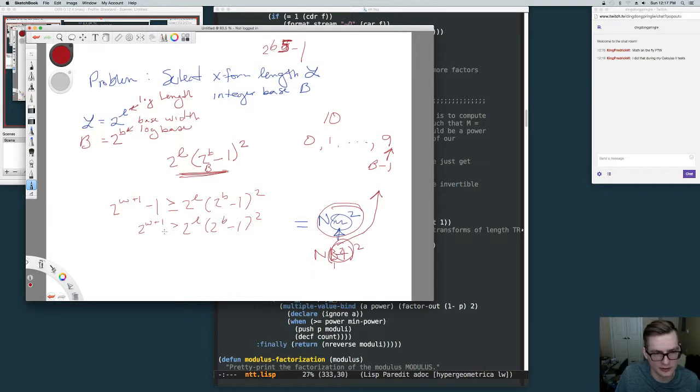So to make this inequality simpler, we're going to rewrite it as 2 to the w plus 1 is greater than 2 to the L times 2 to the b squared, which is 2 to the 2b. When we log both sides, we get w plus 1 should be greater than L plus 2b. And therefore our word length w should be greater than L plus 2b minus 1.